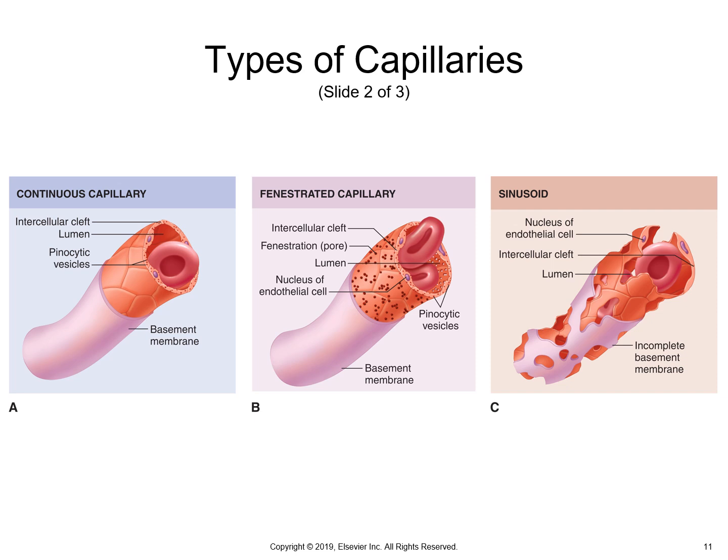So again, the reason why these different types of capillaries matter is because different organs require different types of capillary structures in order for them to function properly. So the continuous capillaries protect the more sensitive areas like our brain and muscles.